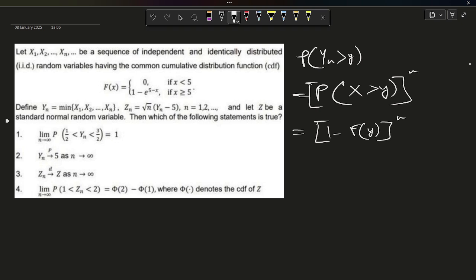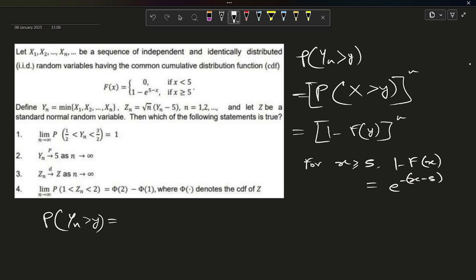For x greater than or equal to 5, 1 minus F(x) will be e to the power minus (x minus 5). So P(Yn greater than y) will be (e to the power minus (y minus 5)) to the power n, which equals e to the power minus n(y minus 5).